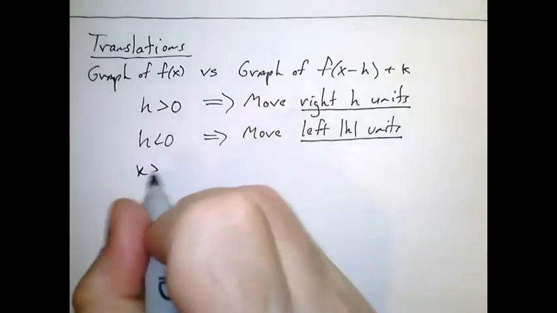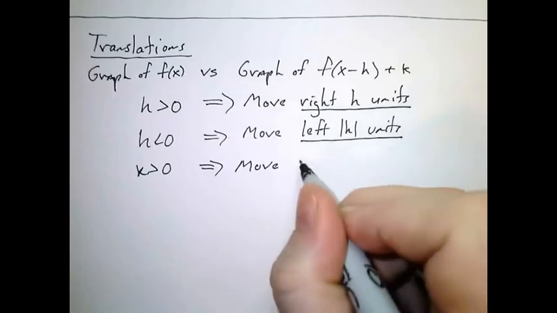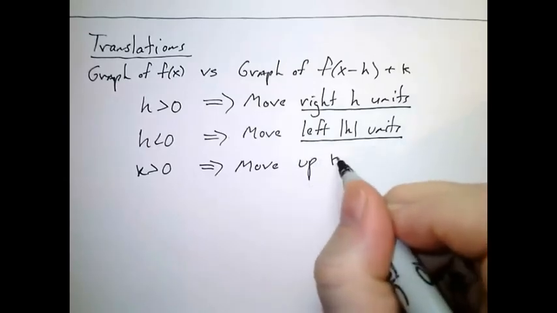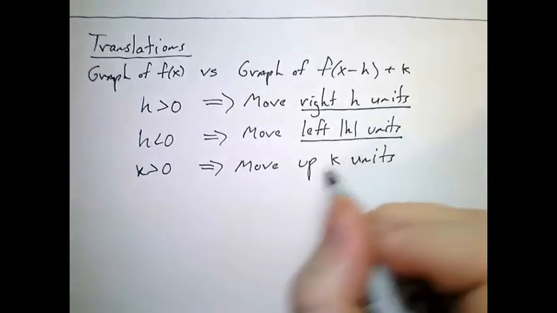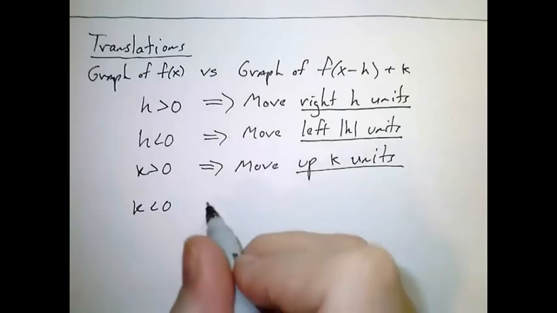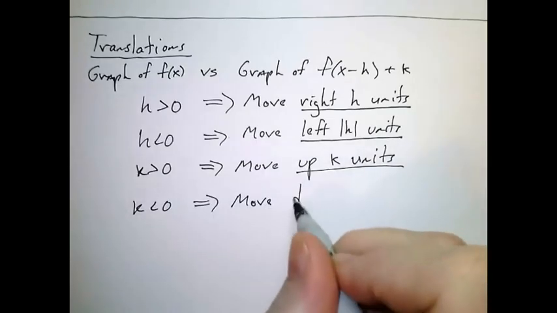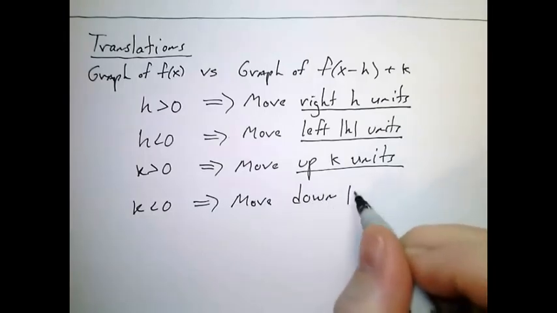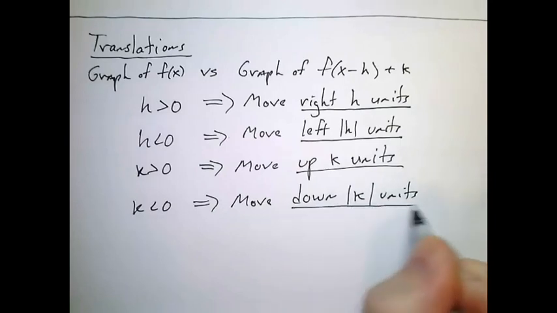If k is positive, we move up k units. And if k is negative, we move down absolute value of k units, right?